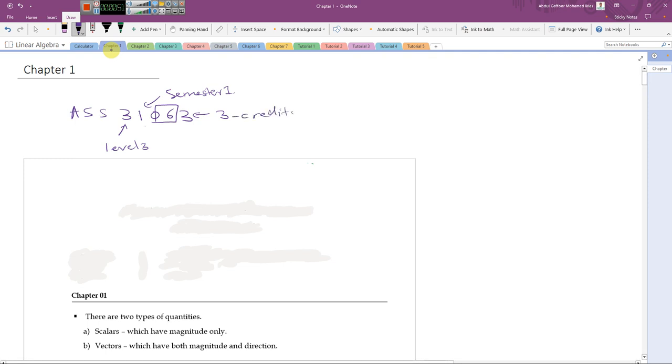The course name or the course title is matrix algebra, but I'm going to call it linear algebra. Throughout this course we will be talking about matrices and vectors.